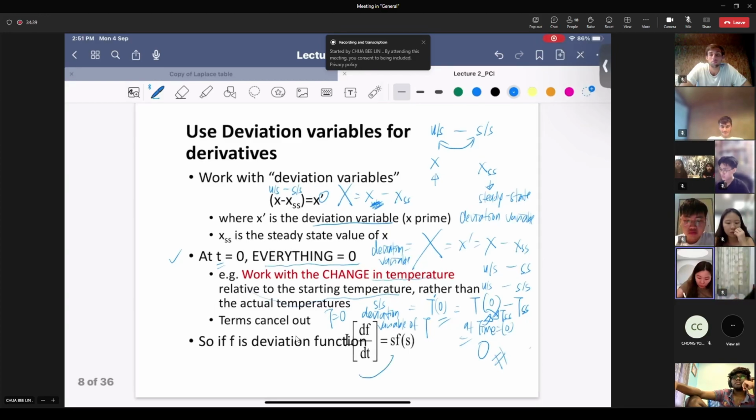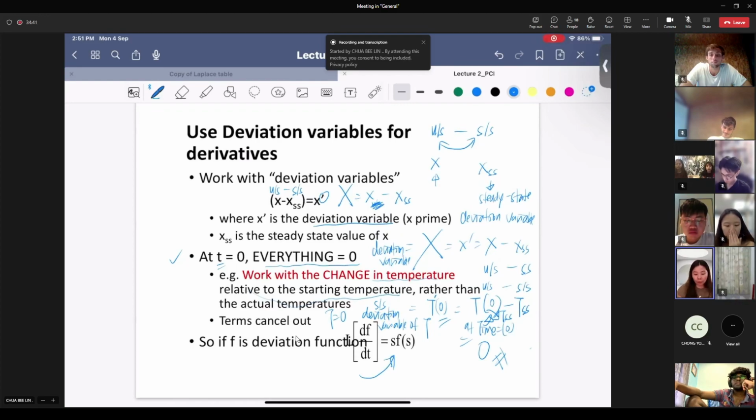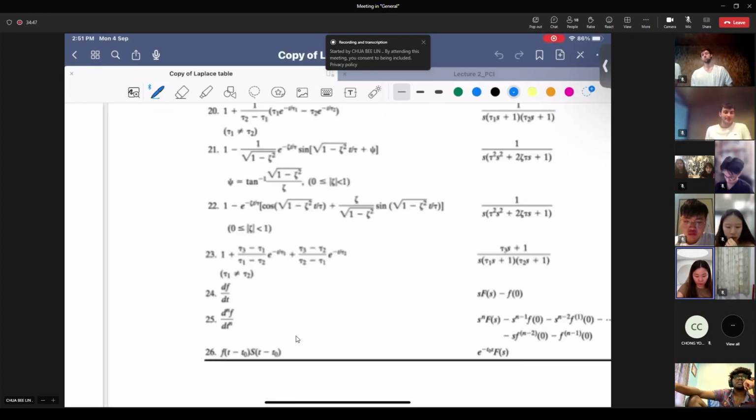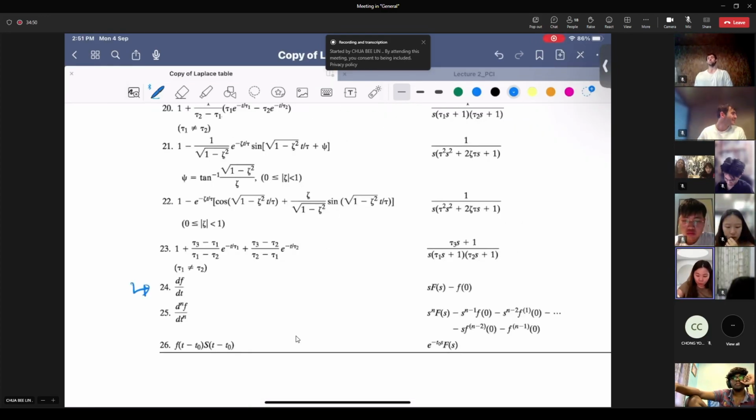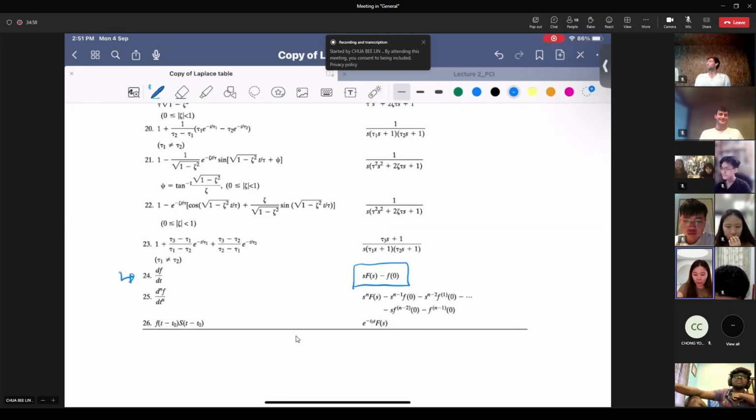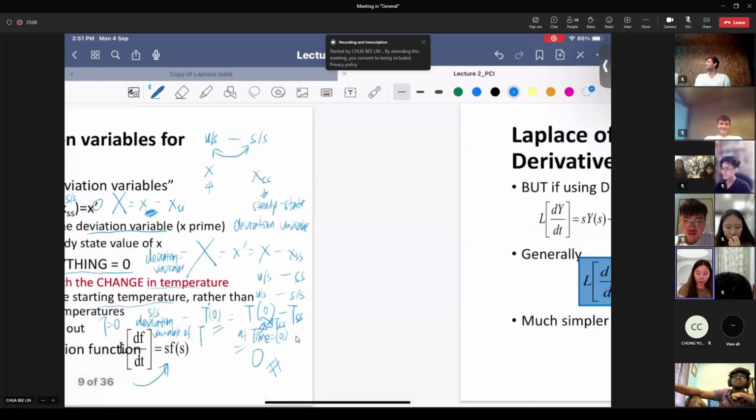Okay, so this one you already learned, you don't need to memorize this, you just follow the Laplace of the first order derivative. So this one will follow term 24. Okay, so this will be sF(s) minus F0. So we'll be using this table for this lecture 2 as well.